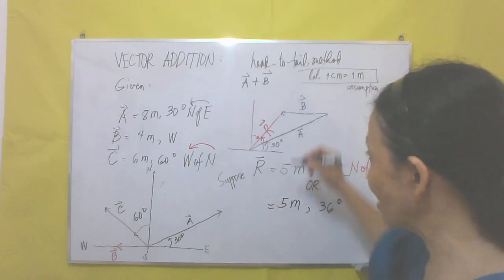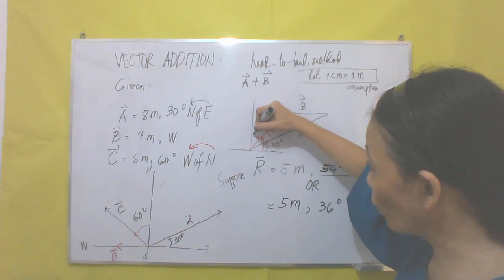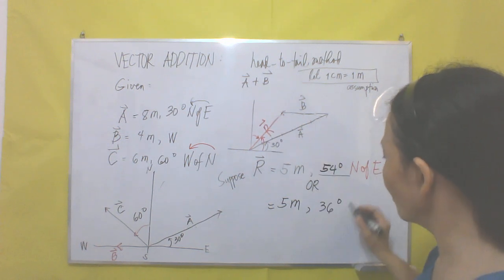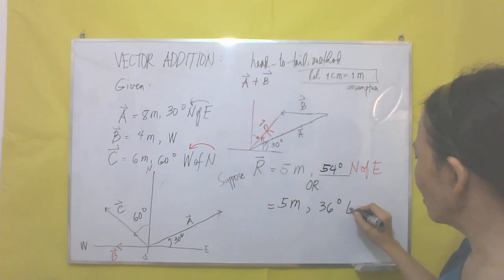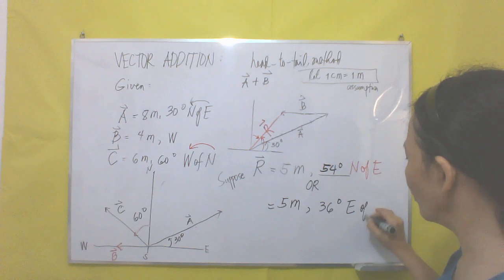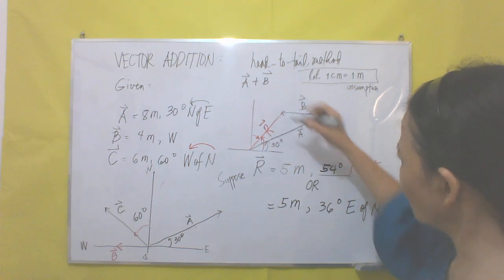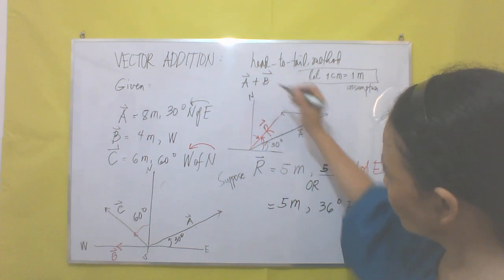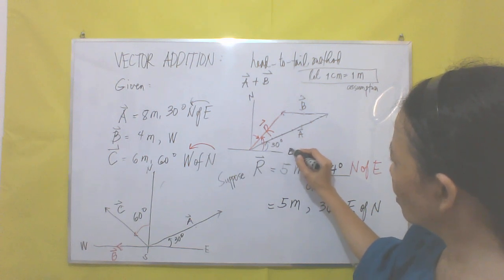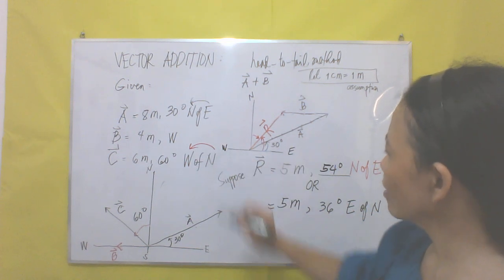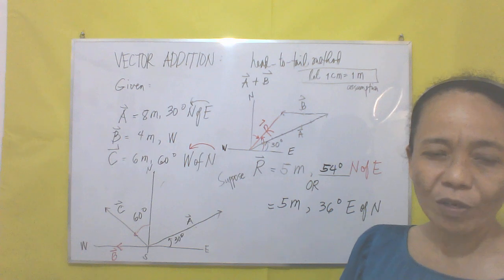So the reference angle starts from north and it points east. This is the north, east, then the west. No more question.